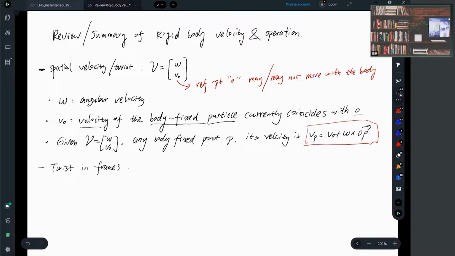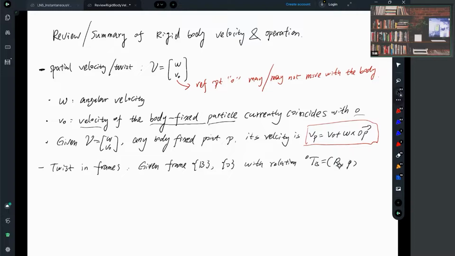Suppose given frames, let's say B and O, with relation T_BO equal to R and P. I don't want to carry over those indices all over, so R and P here has a special meaning: the orientation of B in O and the origin of B in frame O.